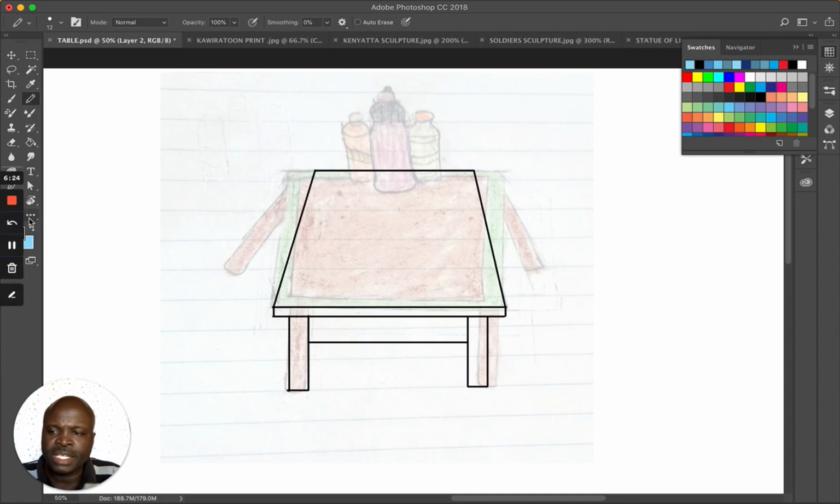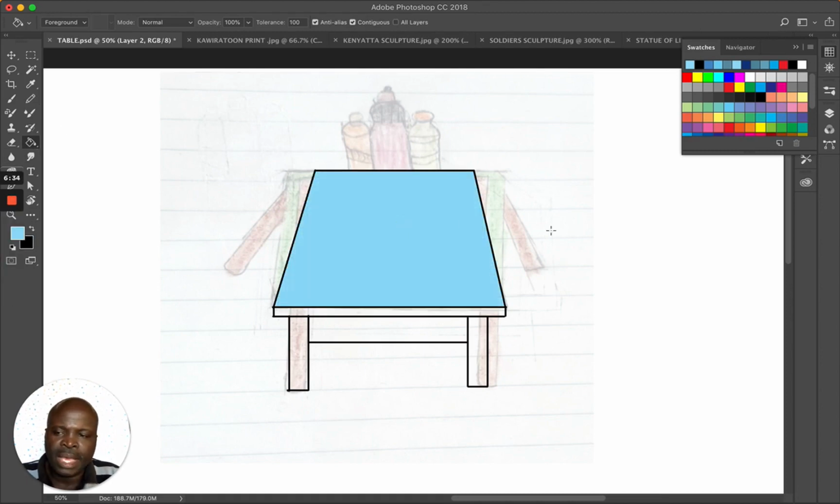And to make the table look a bit more realistic, on Photoshop, all you do is you click on the paint bucket, select a color, click on the bucket, and then click there and you have the color, all right? I'm going to select a darker blue for the sides of the table so that it looks different from the top. And there you have it.